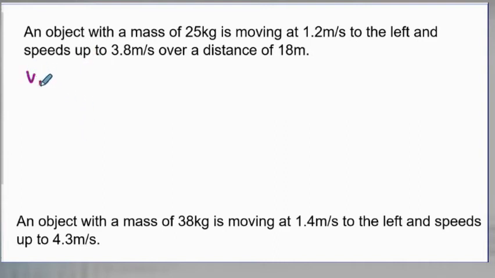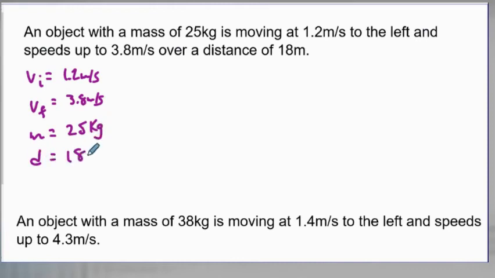So what we have is an initial velocity of 1.2 meters per second, and a final velocity of 3.8 meters per second. We have a mass, 25 kilograms, and we have a distance of 18 meters.